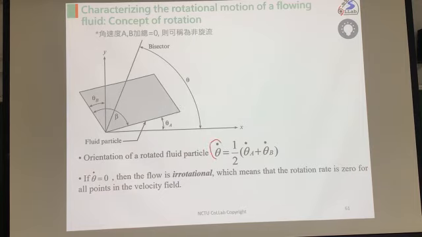Okay, so how can we compute the theta rate? Based on these cartoon figures, you have theta B and theta A, and I tell you the theta rate is equal to one half of theta rate A plus theta rate B.